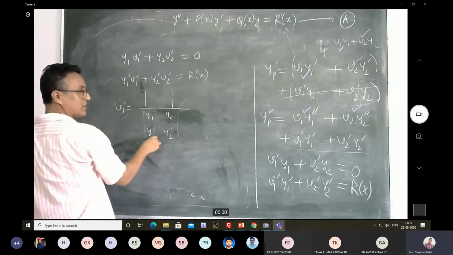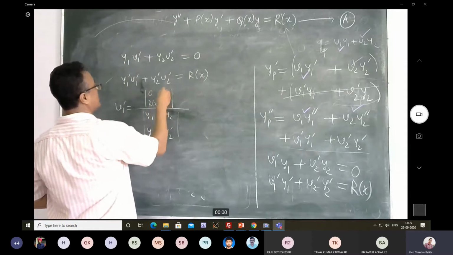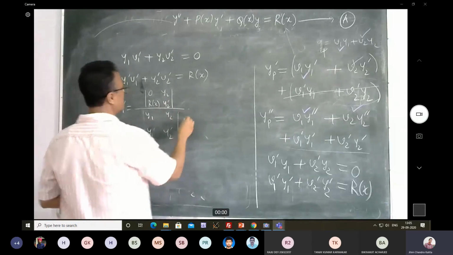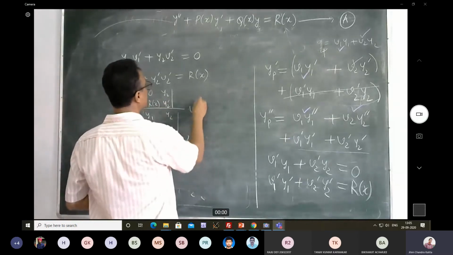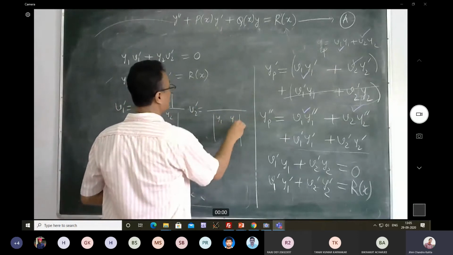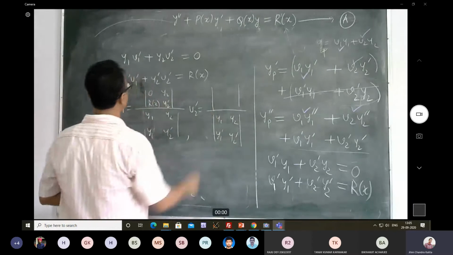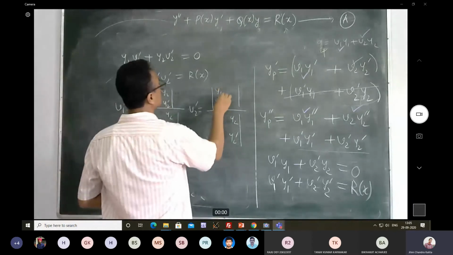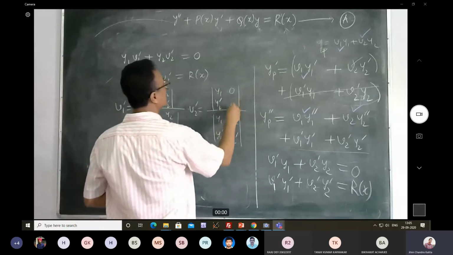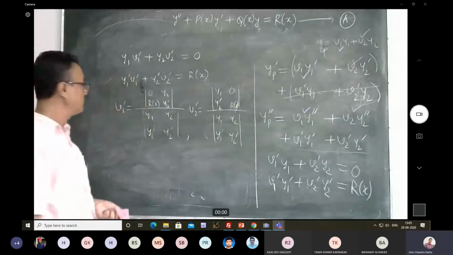Simply replace this column with 0, rx, y2, y2 prime. Is it okay? So similarly, your v2 prime, again, this is the same thing, y1, y2, y1 prime, y2 prime. And again, we are simply going to replace this column with 0, rx. Is it okay? Fine.